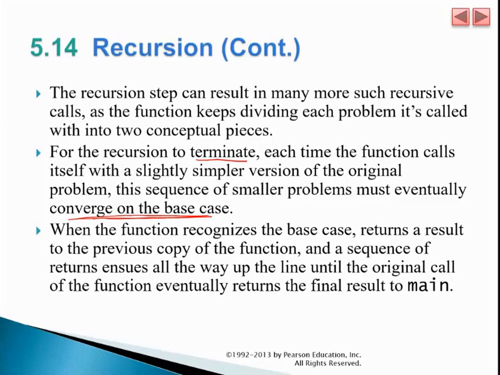And it is mandatory to mention the result of the base case, or to return the result from the base case. So when the function recognizes the base case, it will return the result to the previous copy of the function, and a sequence of returns ensues all the way up until the original call of the function is hit.